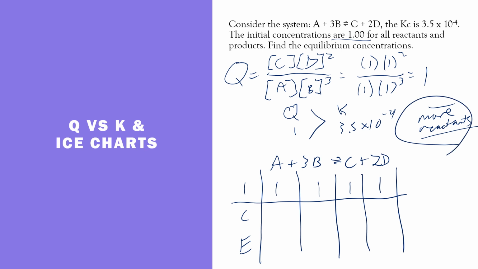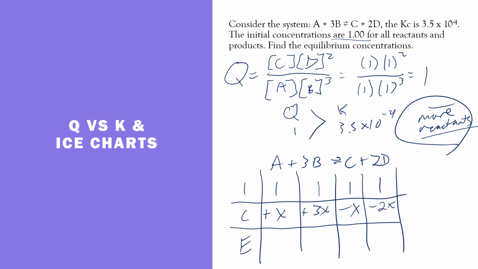We found that out by comparing Q and K. So our reactant side is going to increase and our product side will decrease, and we need to use the coefficients to find out by how much. A will increase by X, B will increase by 3X, C will decrease by X, and D will decrease by 2X.